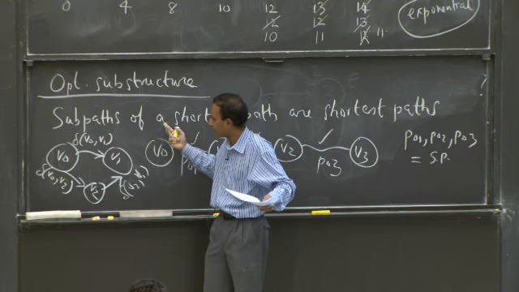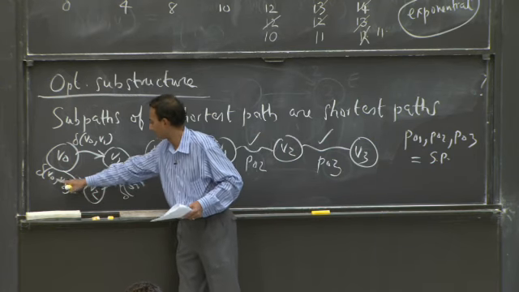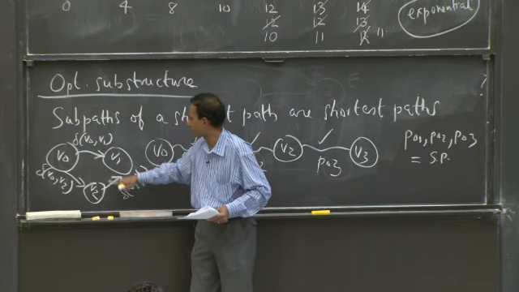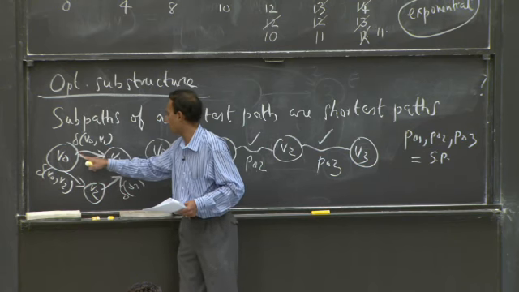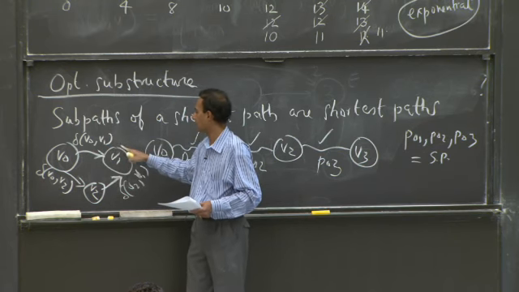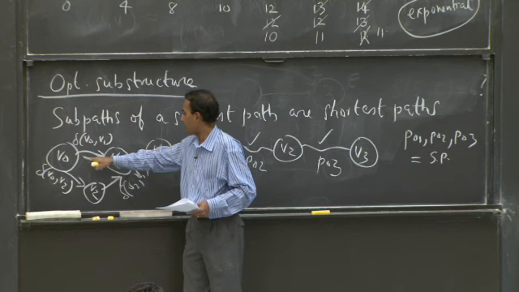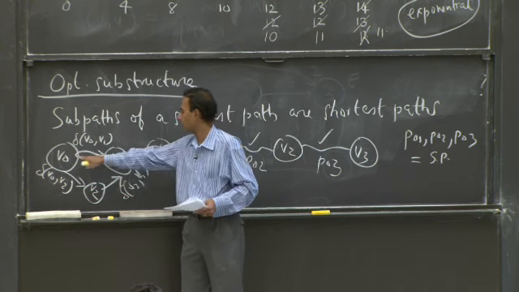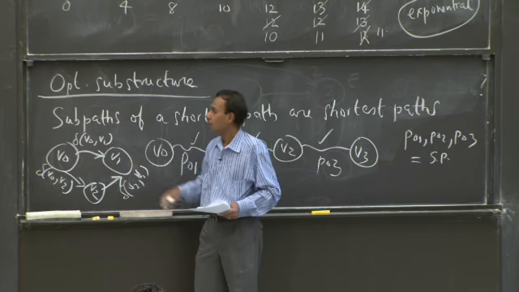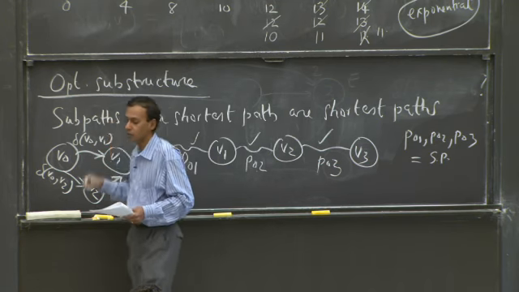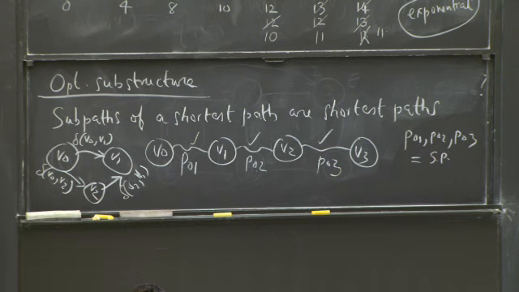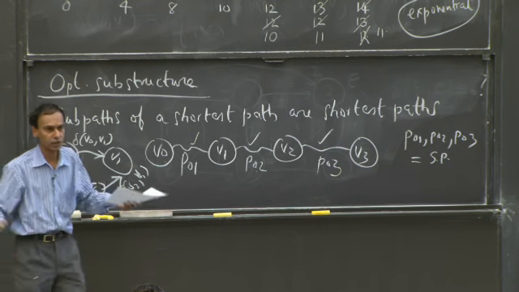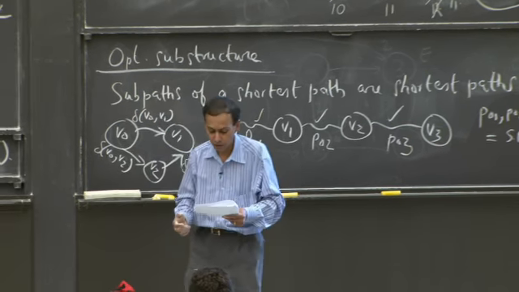Okay? And that again makes sense because if this plus this were smaller than that, well, remember I'm talking about paths here, not edges, then the better way of getting to V1 would be to go through V2 rather than following this path up on top. Amazingly, these two notions are going to be enough to take this algorithm and turn it into essentially a linear time algorithm. And we'll do that next time.